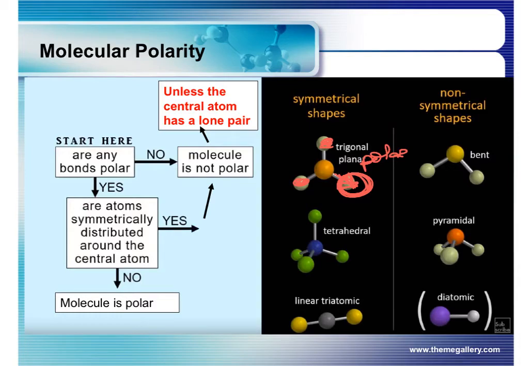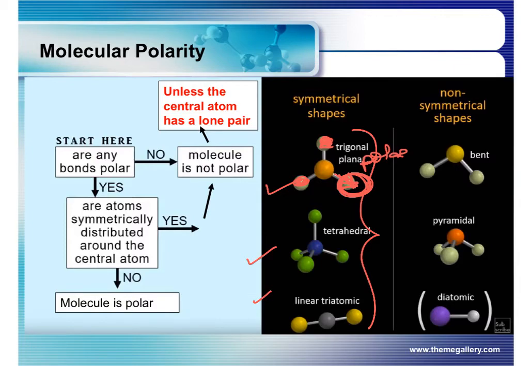It's going to be polar. So in general, and you don't necessarily have to remember this, you'll learn it on your own, these are shapes that, if all of the exterior atoms are the same, are always symmetric. And again, the exterior atoms have to be the same though.